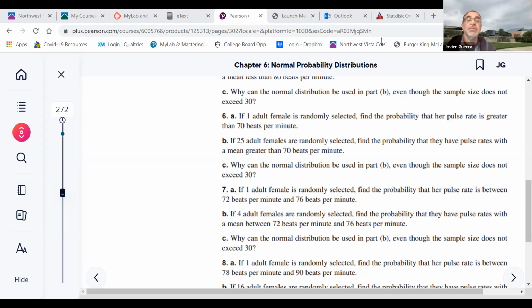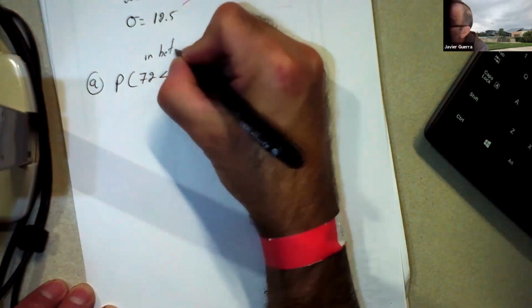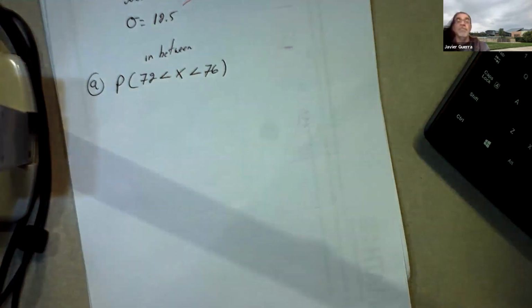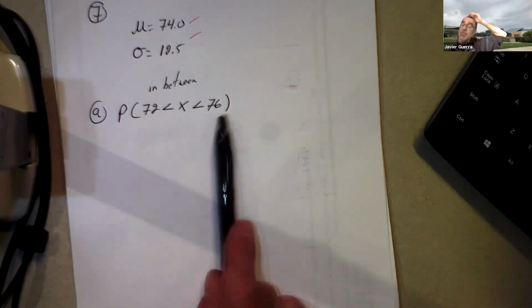That's how you do an in-between. You always put the smaller number on the left, bigger number on the right. It's like a number line. Numbers on the left are smaller than the ones on the right.